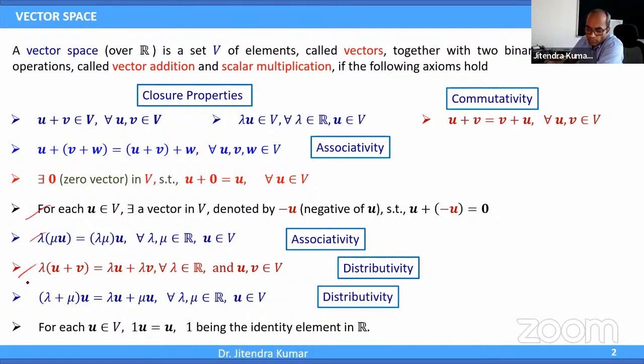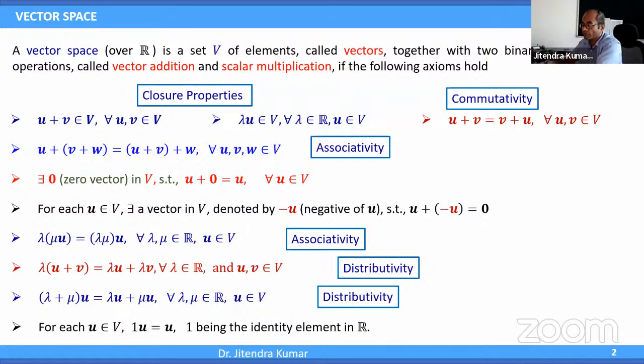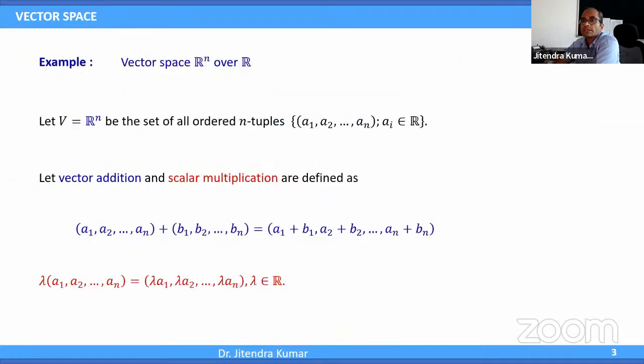It should exist with respect to the addition which we have defined. There are many more properties, but as I said, the closure properties play a very important role in defining this vector space.